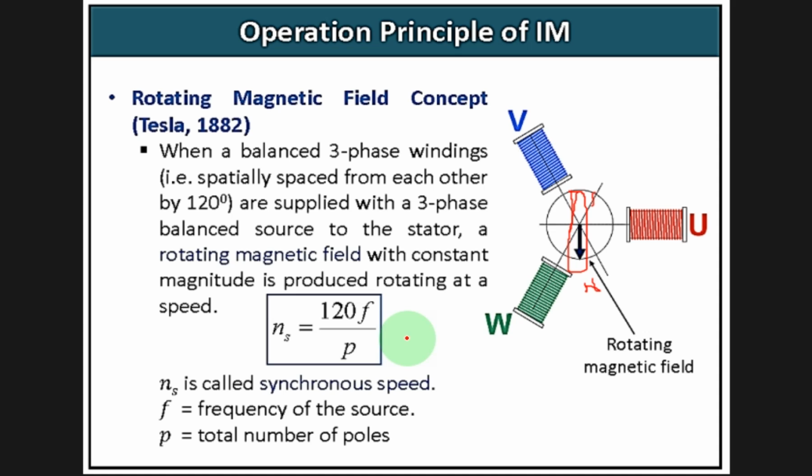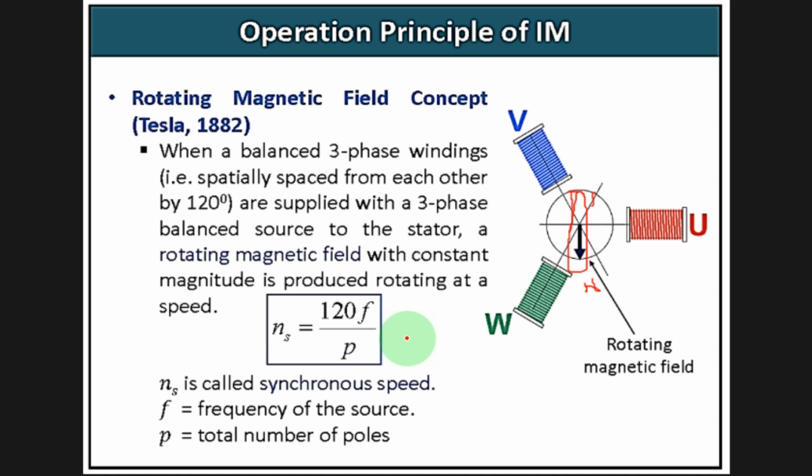A rotating magnetic field with constant magnitude is produced. The magnitude of this field is constant. The rotating speed, which is called the synchronous speed, ns, can be calculated if we know the frequency of the supply and the number of poles.